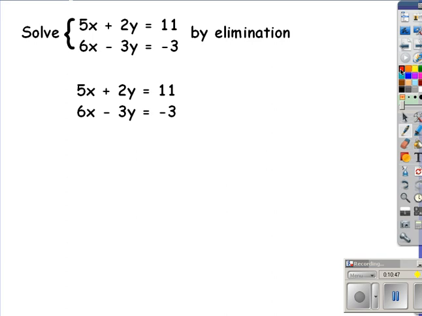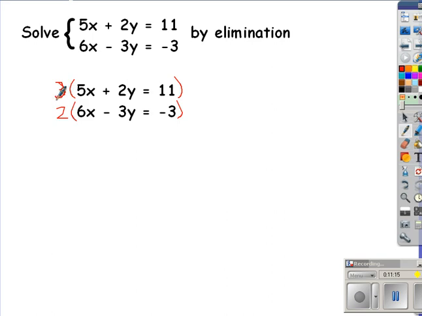So I am going to pick the y's to worry about, because I want to eliminate the y's. The reason I'm picking the y's is because I already have a plus and a minus. And that's really nice. I want to leave that alone. So I'm going to multiply the top equation by 3, the bottom equation by 2. It's kind of like finding a common denominator. You got to have something in common.